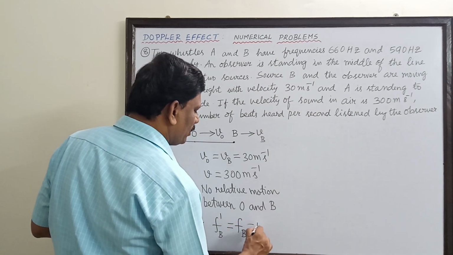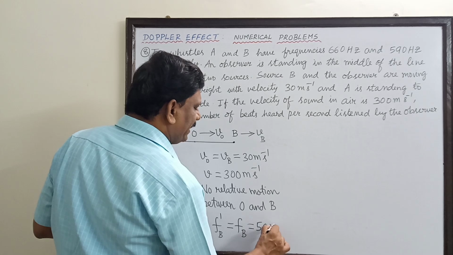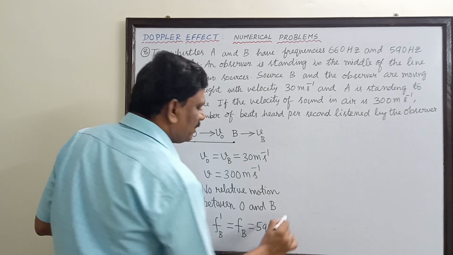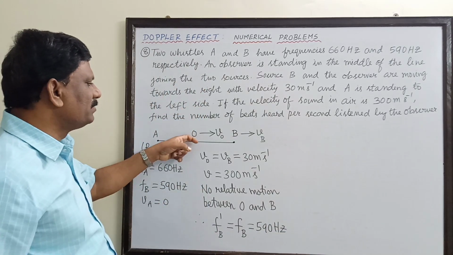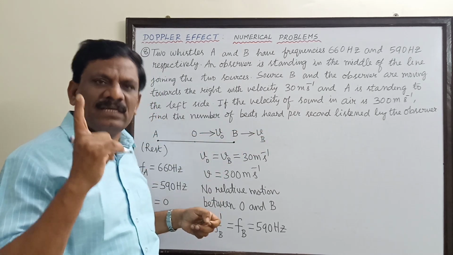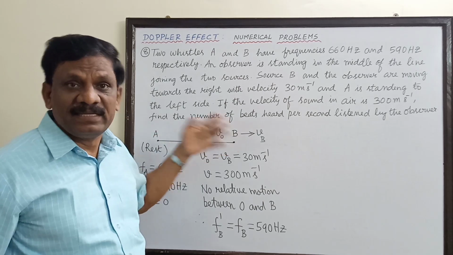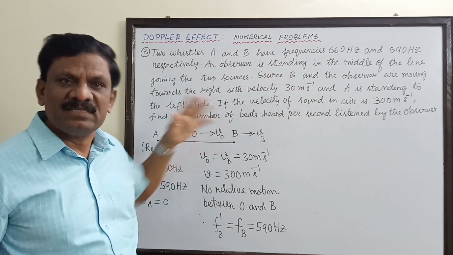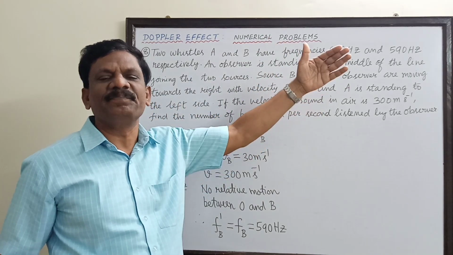But when the observer is moving along the positive x direction, he recedes away from A. He is moving away from A, receding.